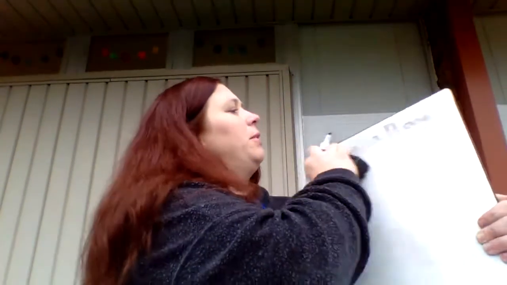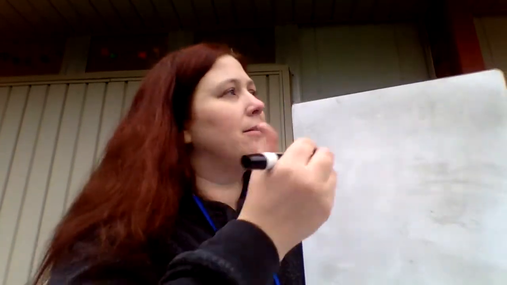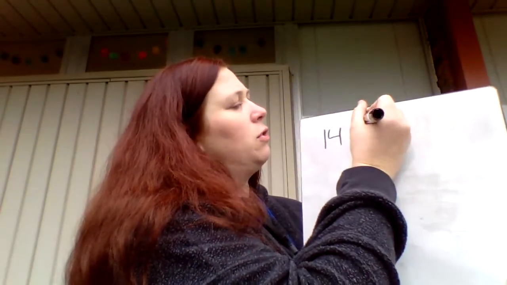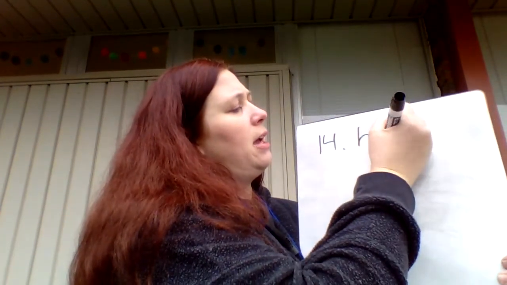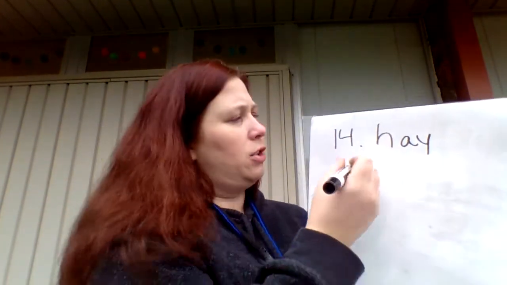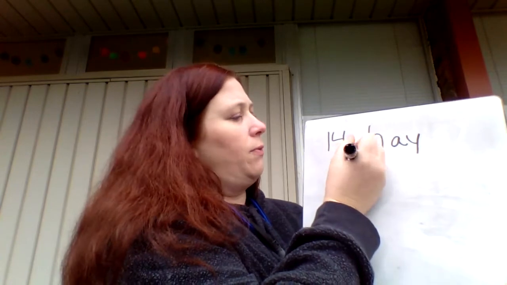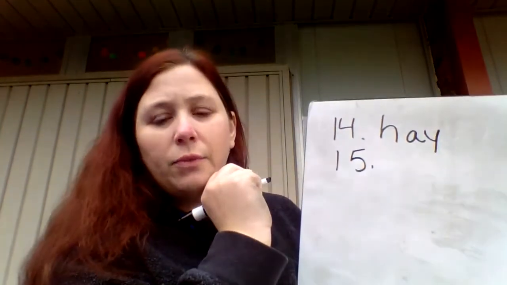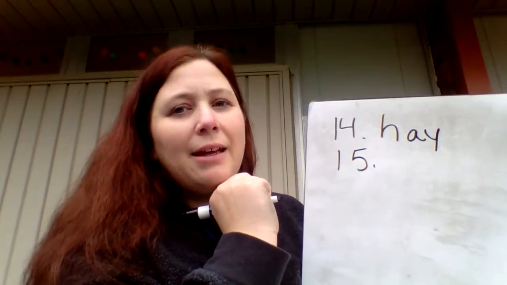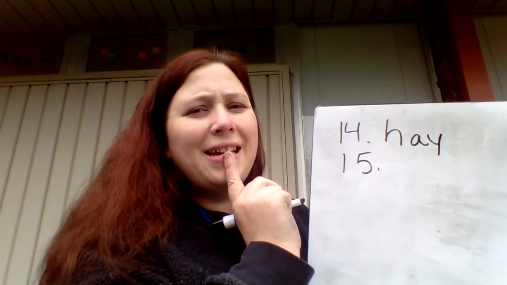Let's practice spelling with A-Y. Our first word is hay. So we hear huh, and then A-Y. H-A-Y. Number 15. We have saying. So we hear that ing at the end.